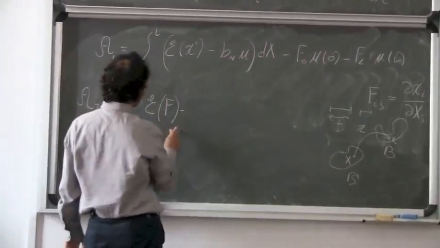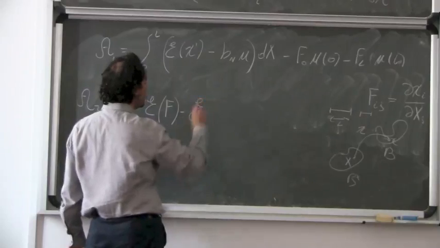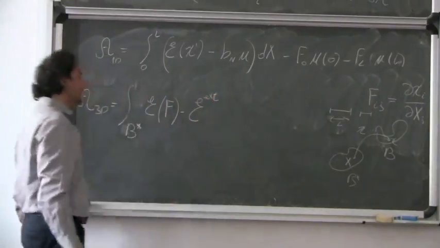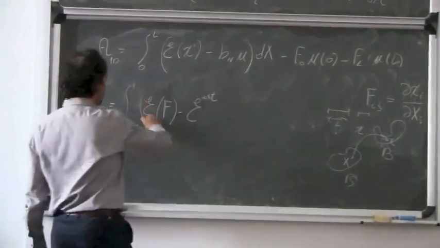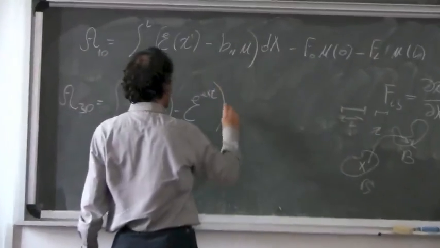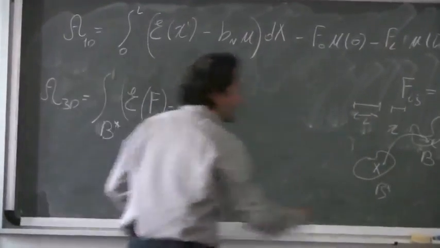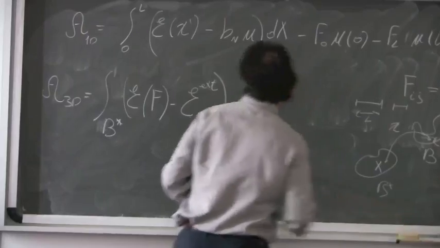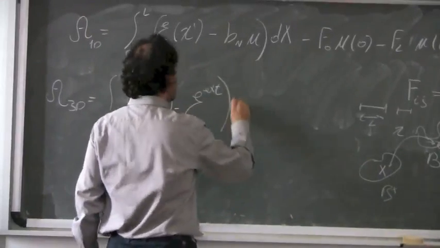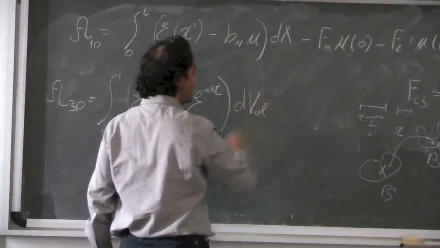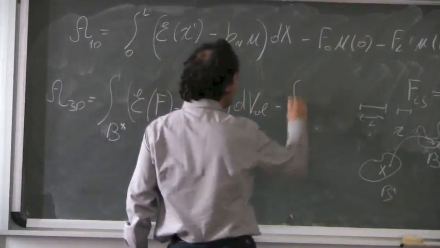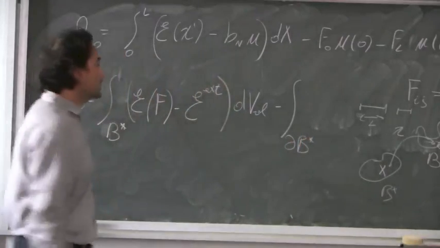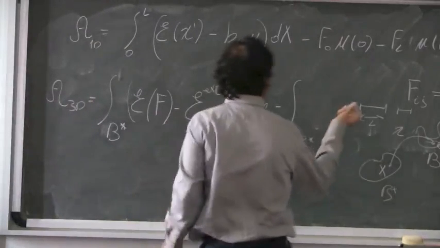So we can say that inside the domain we can use an external energy, okay, let us see it this way, and then this is the volume, and at the border the integral over the surface of something.